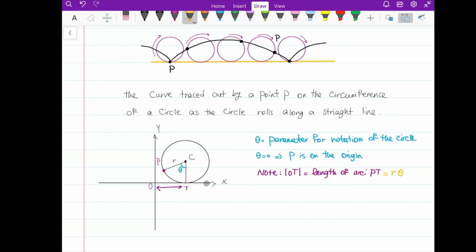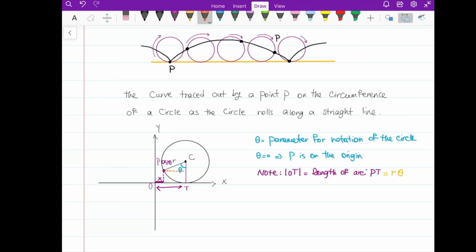Now, what are the coordinates of the point P? P has an x coordinate and a y coordinate. The x coordinate of the point P, as you see, is OT minus this part.